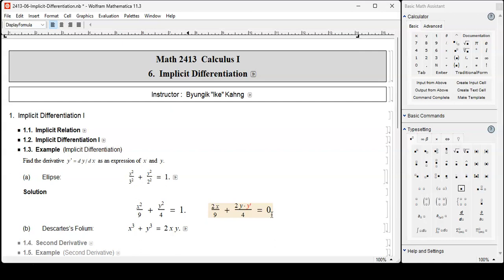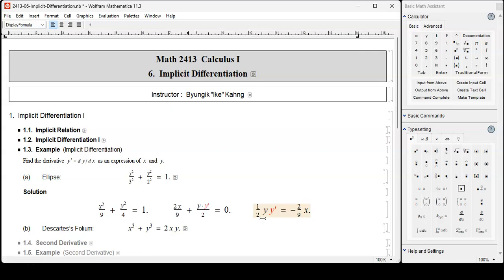Anyway, we got that. Now let's solve for y prime. Well, okay, all right. Let's simplify a little bit. That's 1 over 2. And this one will have to stay the same. Okay, all right. 1/2 y y prime is equal to, let me keep highlighting in red, negative 2/9 x.